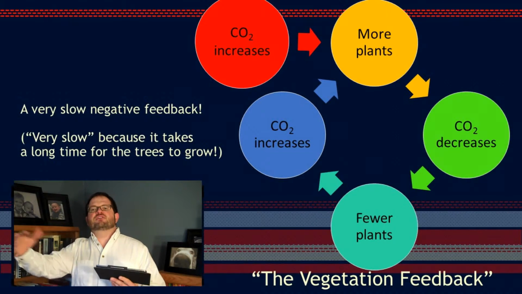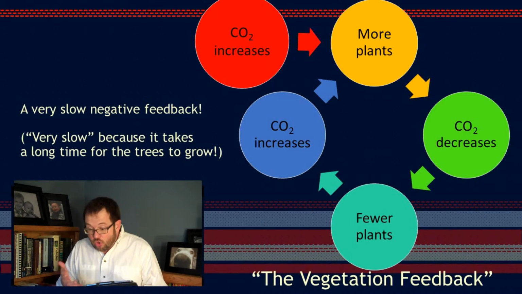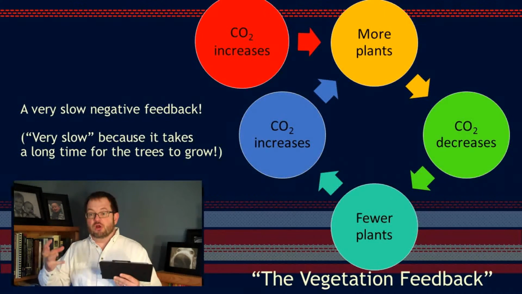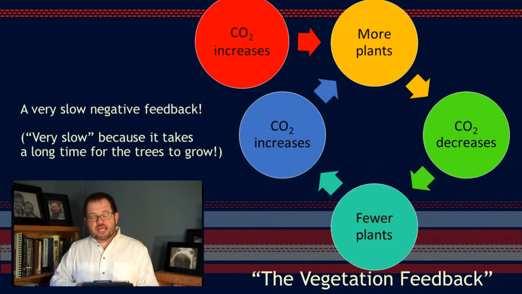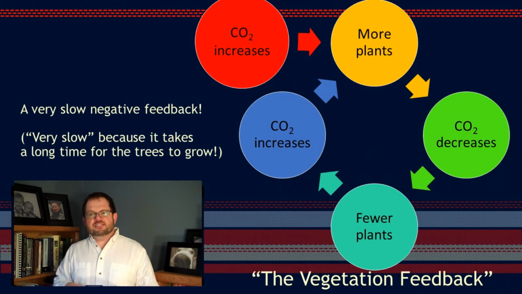It kind of damps the increase in the carbon dioxide. This is a very slow feedback. It takes a long time for the trees to grow enough to have extracted a gigaton of carbon from the Earth's atmosphere. This is on the order of decades that the vegetation feedback works.